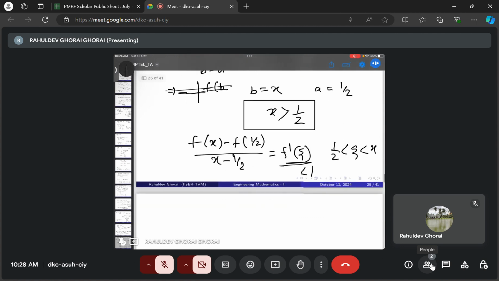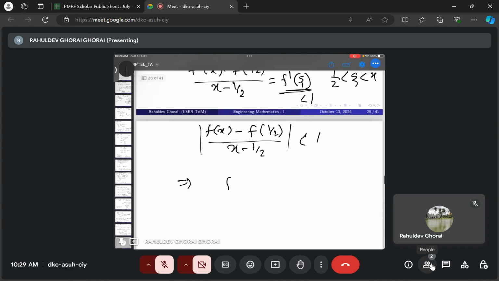That implies the modulus of (f(x) minus f(half)) over (x minus half) will be less than 1. That implies the modulus of f(x) minus half is less than x minus half, right?